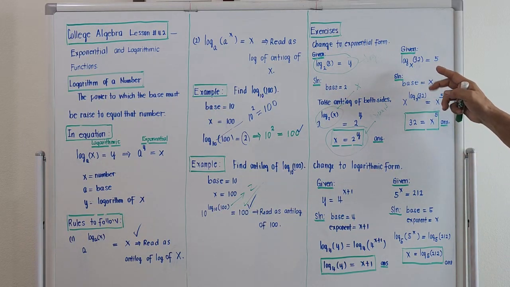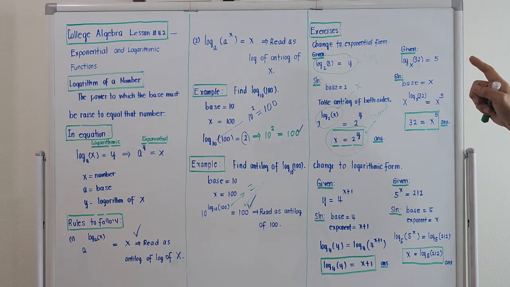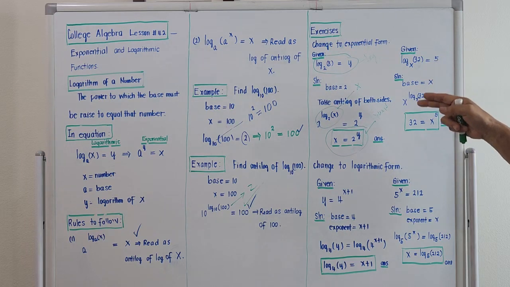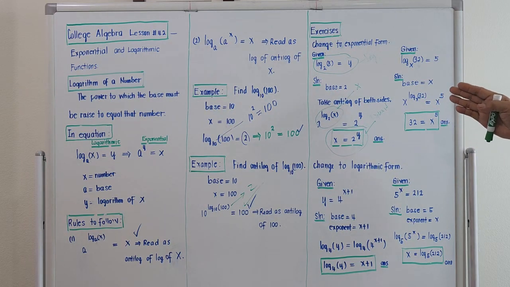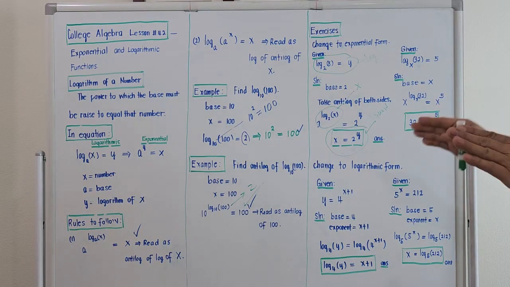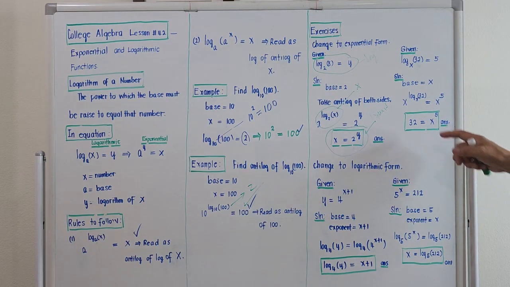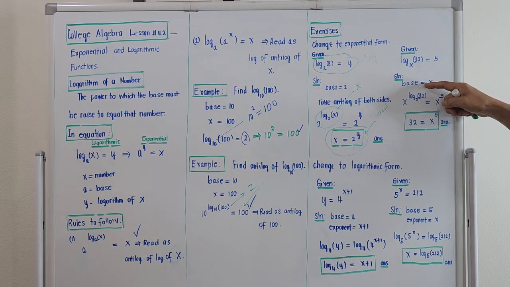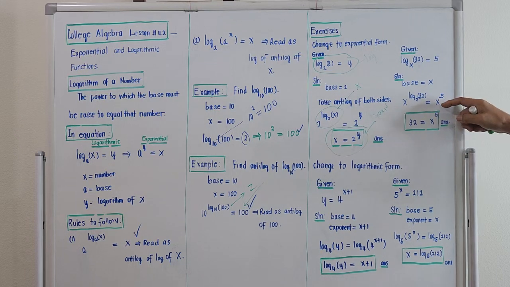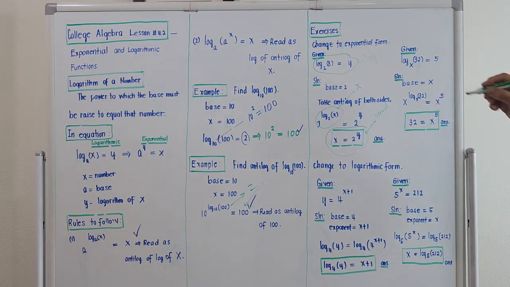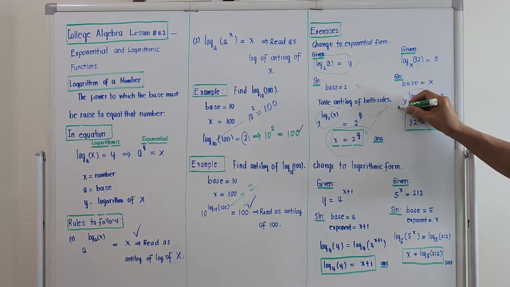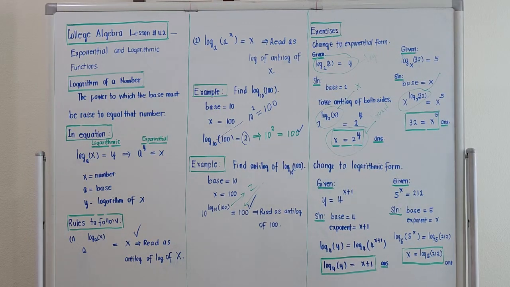But the rule to follow is you must have to raise the base, okay? It's the base. No other number that you will get. It should be the base to take the antilog. So x raised to the logarithm of 32 with the base of x should be equal to x to the 5th. And if we try to simplify this one, what is the simplification of that? The antilog of the logarithm, okay, they cancel out each other.